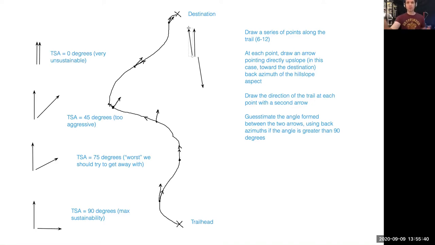If the downslope arrow is pointing more than 90 degrees away from the upslope arrow, then we just face 180 on the trail and look up the trail instead of down it, use that compass direction and subtract those two numbers. So that would be 355 degrees, which is 175 plus 180 to get it to the other side. And compare that against 0 degrees, which is the same as 360, and subtract the smaller from the larger, and we get a 5 degree trail slope alignment angle.